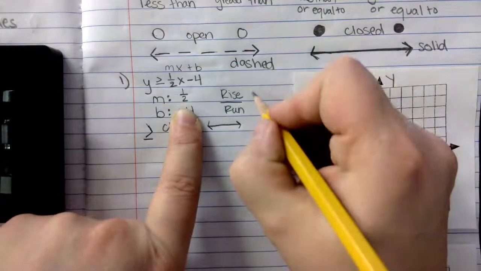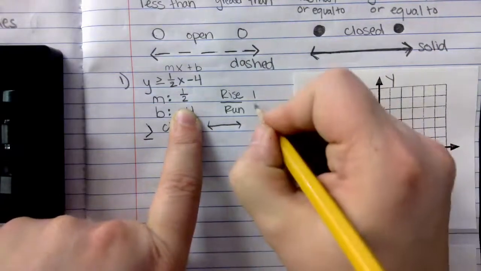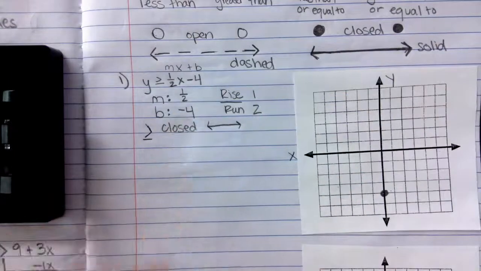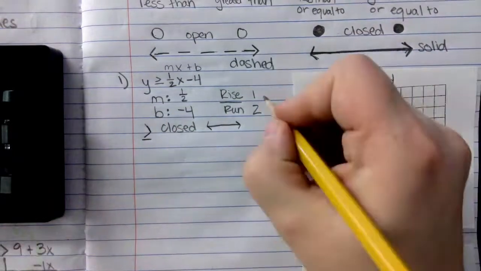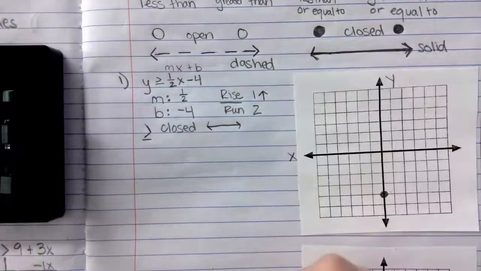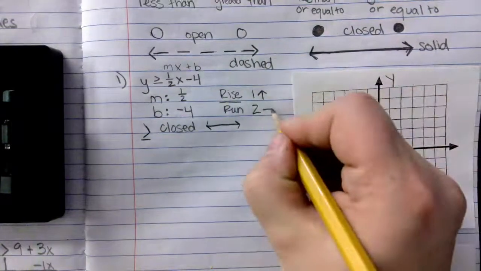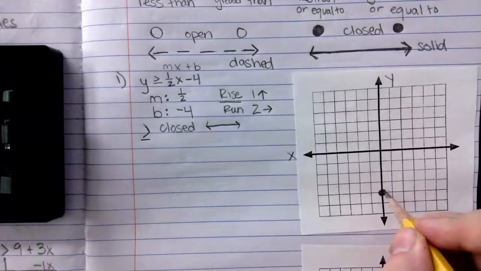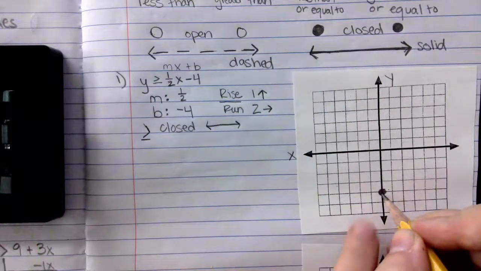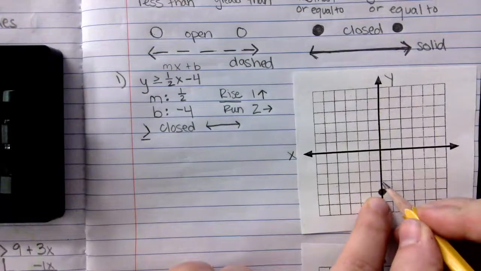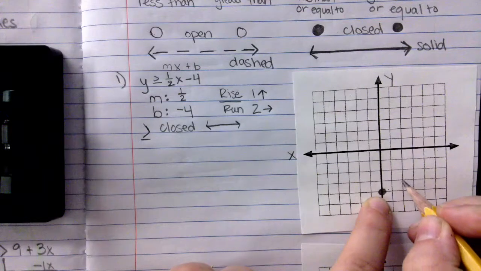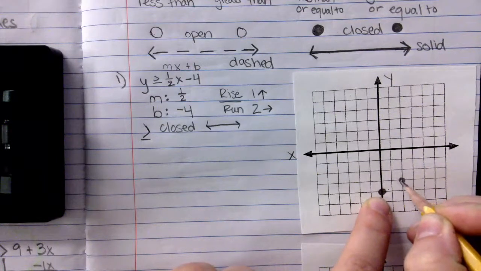Up 1. And then the 2 tells me to go right 2. Good. So from that point we already made, we're going to go up 1, over 1, 2.